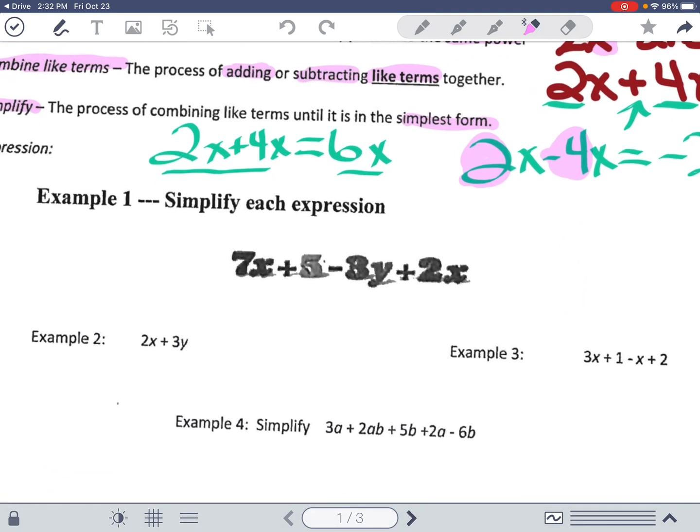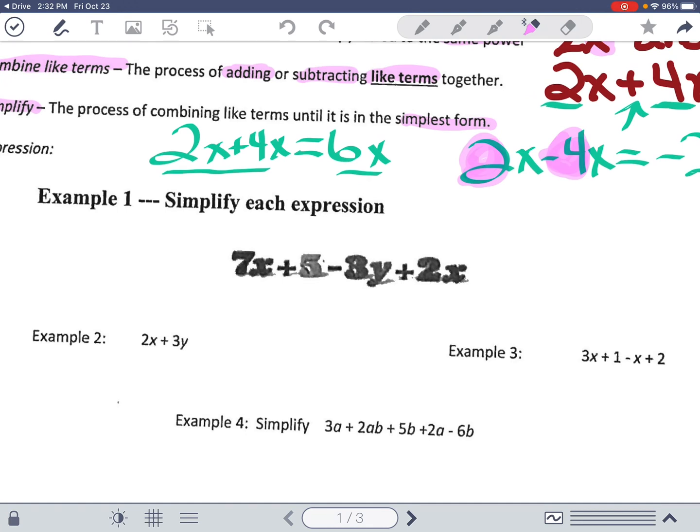When we are combining like terms, we always start on the far left-hand side of the expression, and we look at it, and we read it, and it says 7x. Then our eyes start scanning to the right, and we're looking for any other term that has an x with it, with the same exponent. Plus 5, that doesn't have an x.